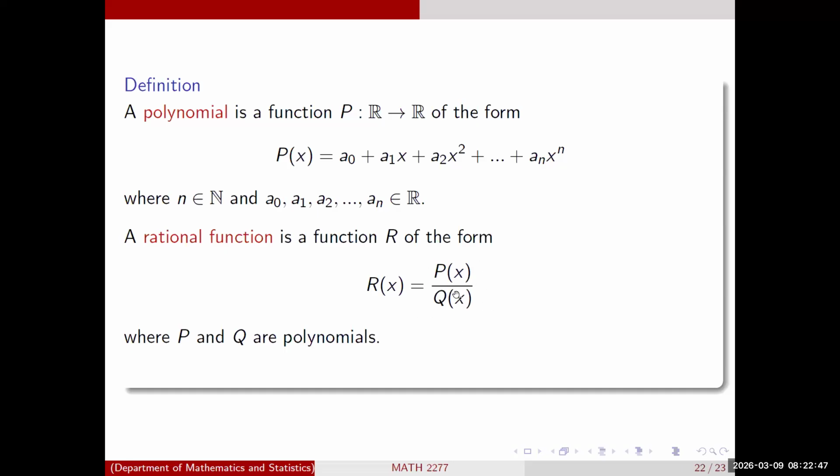So if you think back to your Calculus 1 and Calculus 2 courses, when you were taking limits of these functions, so rational functions, we had a polynomial in the numerator and in the denominator, okay? So it turns out that polynomials are continuous functions because they are built from continuous functions, right?